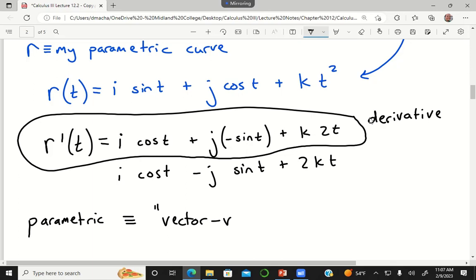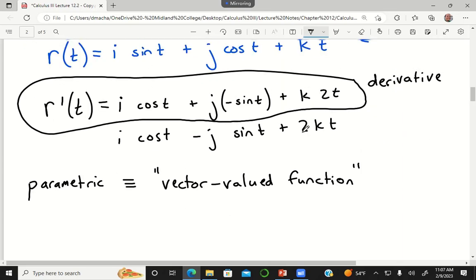So if you want to take the derivative of a vector valued function, then you just take the derivative of each component separately.